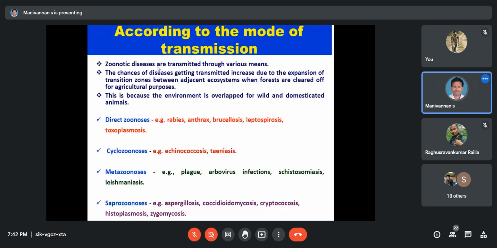Zooanthroponosis, tuberculosis spread from the human to cat and monkeys. Amphi means both directions, human to animal and animal to human infection. What about zoonosis? The human acts as the obligate host, example Taenia solium.